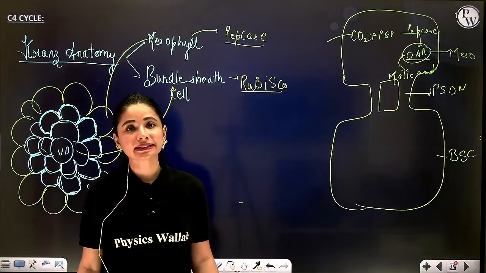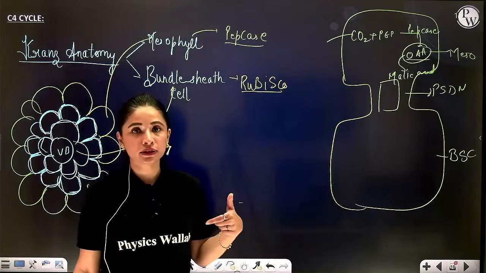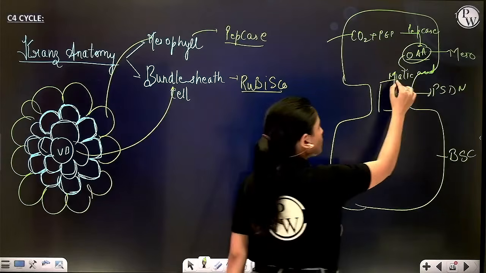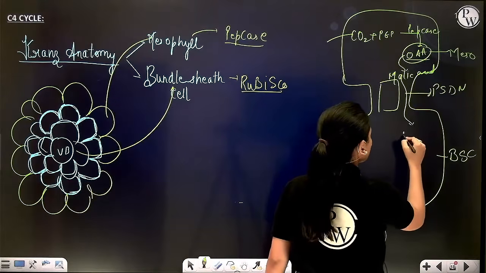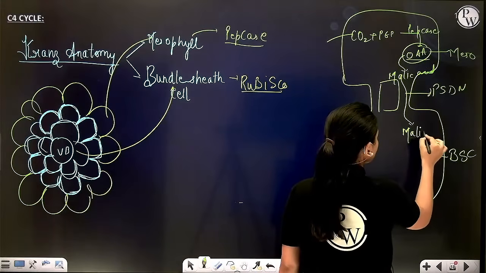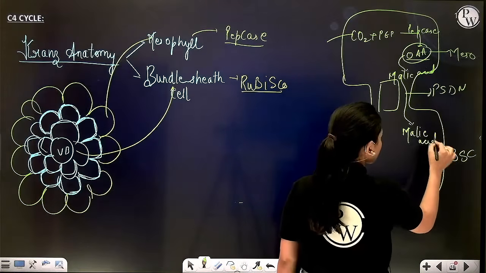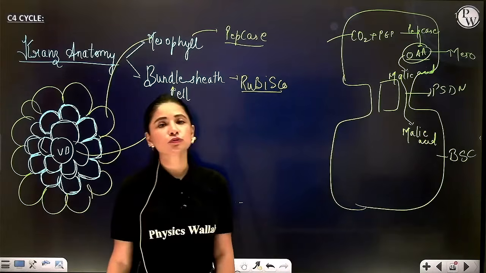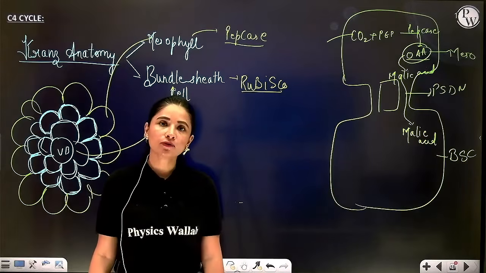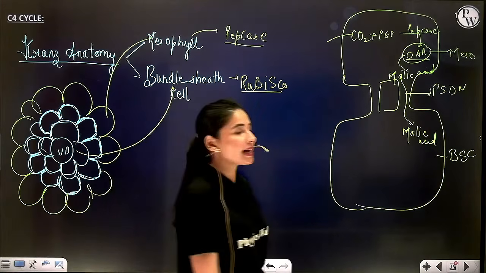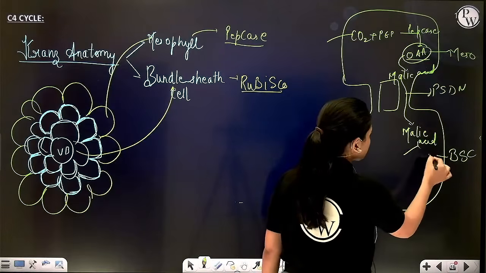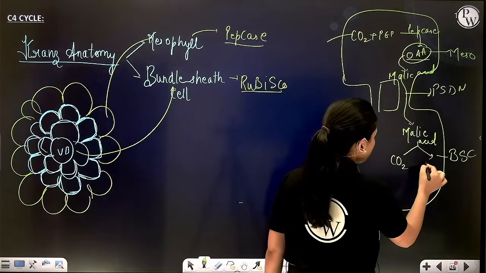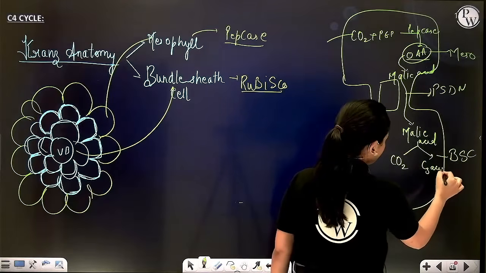This malic acid then travels to the bundle sheath cell through plasmodesmata. It comes inside the bundle sheath cell, right? Once it enters, this 4-carbon compound malic acid breaks into CO2 and a C3 acid.